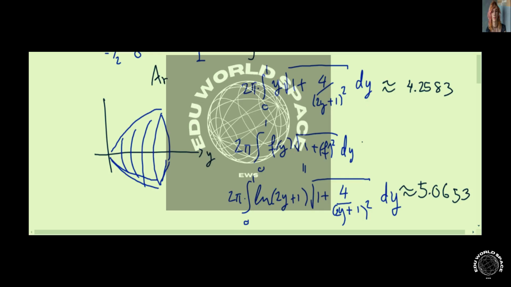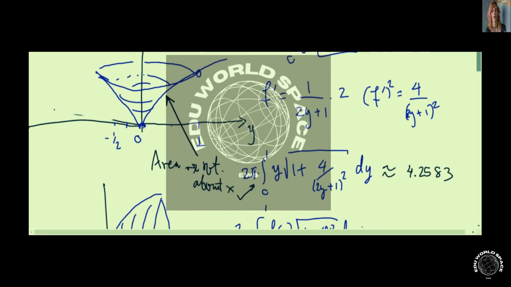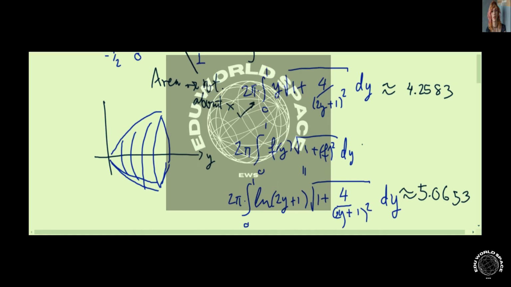So this is the area of the surface obtained by rotation about the x-axis. The x-axis is this one, so it is this shape, and then rotating about y, we will have this area.